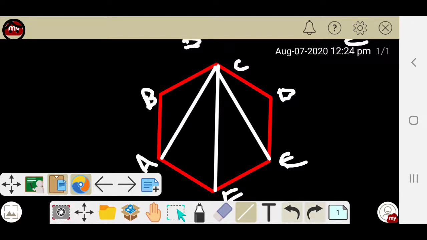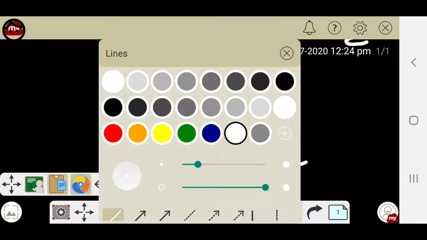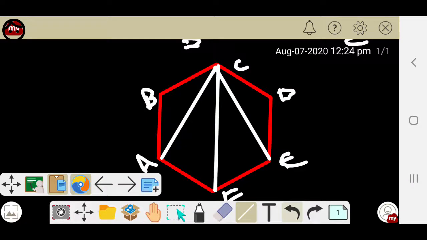Three diagonals we can draw from the point C. Next, we can use any other color, that's better. Then from D, one, two, then 3.